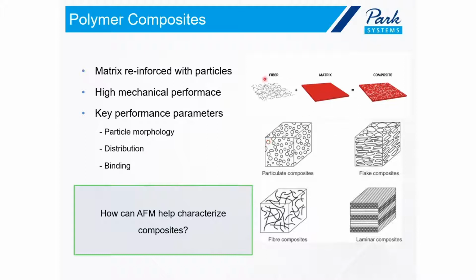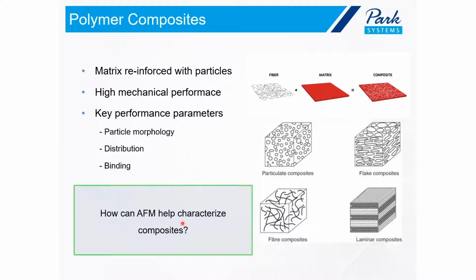So they have to be homogeneously distributed in the matrix. And then there is the binding between the particle and the matrix. If they don't bind well together, you can't expect high mechanical performance, because essentially then these particles become a failure point, nucleation points for crack propagation, and so these materials fail then.